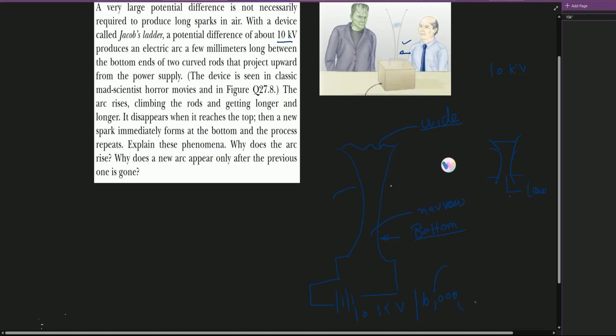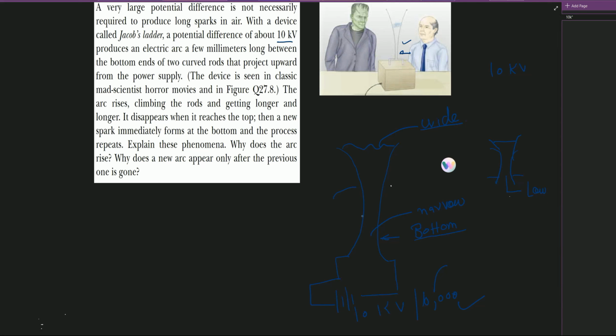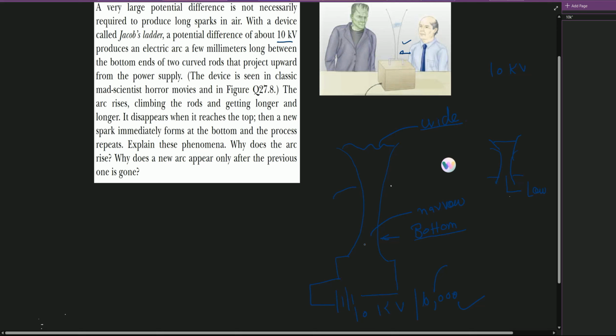When you apply this voltage to these two curved rods, there's a generation of an arc here. You can see this arc develops here, then travels upwards like this, and finally it vanishes at the top.